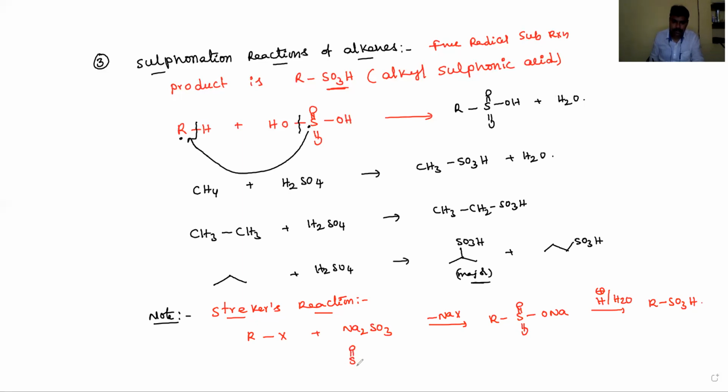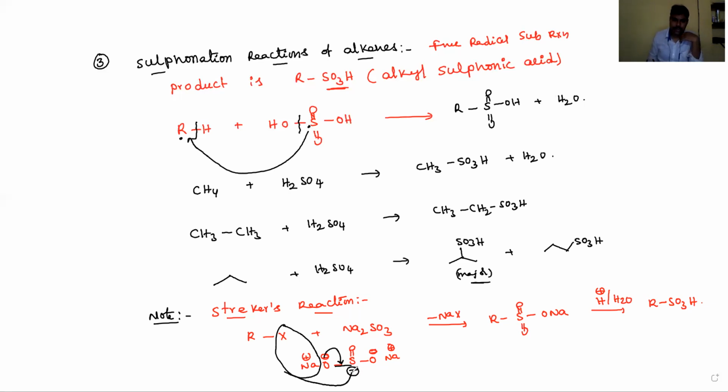Once you observe the reaction mechanism, the sodium sulfite has Na plus and O minus. Here the sodium halide will be lost, and the nucleophilic group is sulfur.